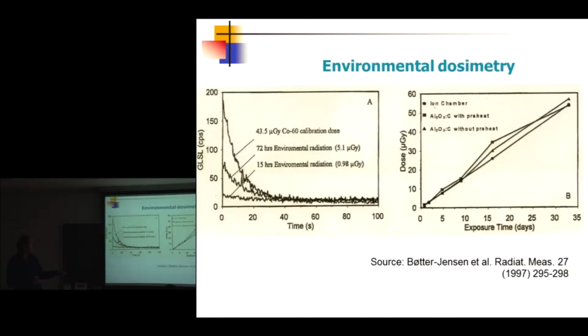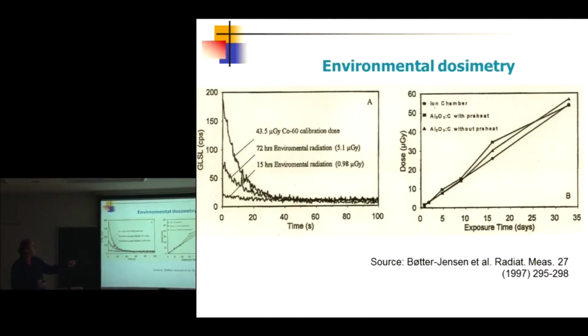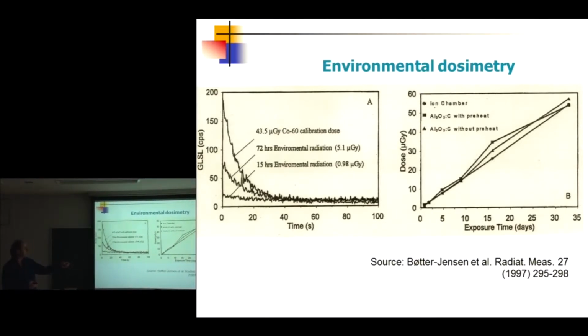So you measure. Another example of natural irradiation: for instance, you can simulate 72 hours of environmental radiation here, and 15 hours. And this is a calibration dose, for instance, corresponding to 43 microgray of irradiation.